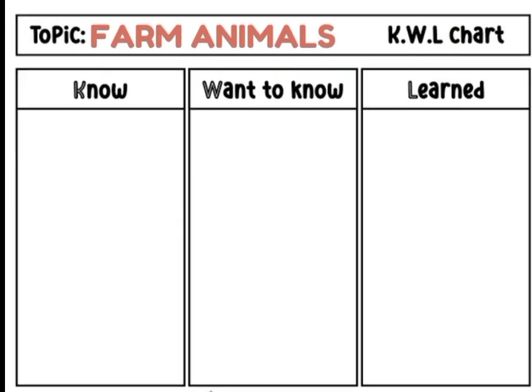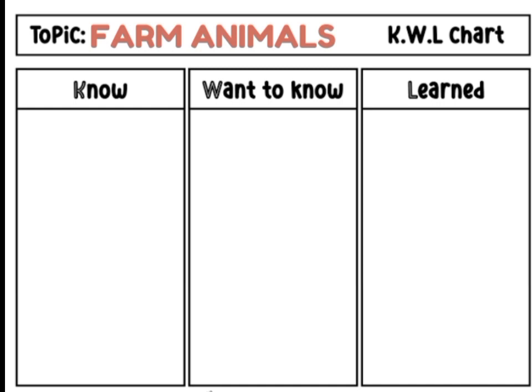Let's proceed. In the first column, the K or know column, students or the teacher write down what they already know about the particular topic before beginning to study or learn about it.